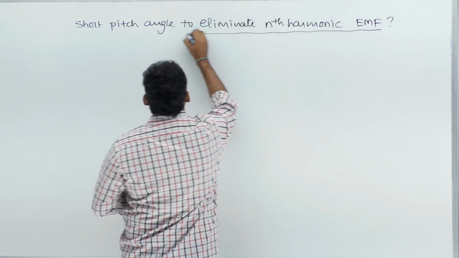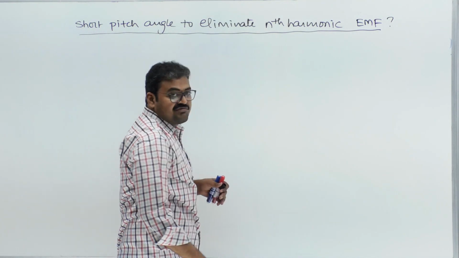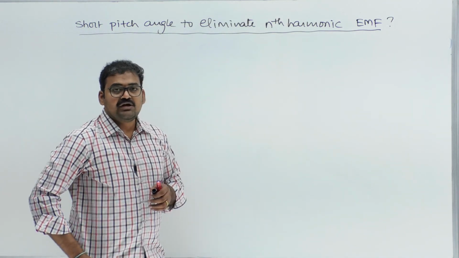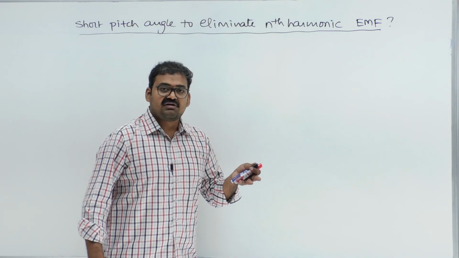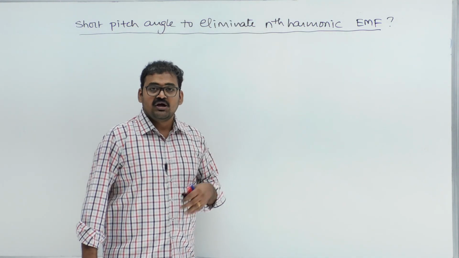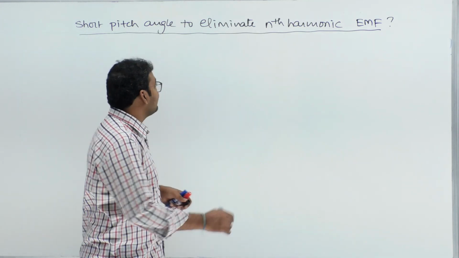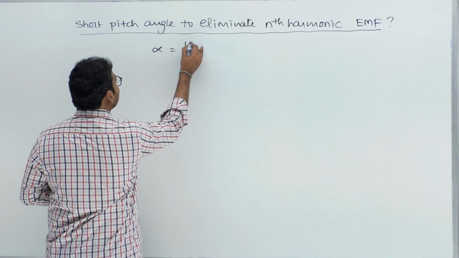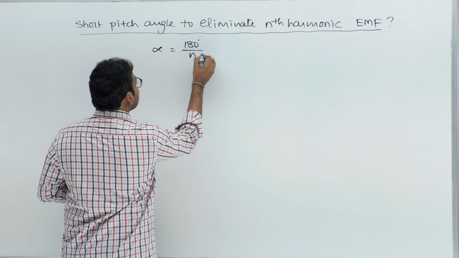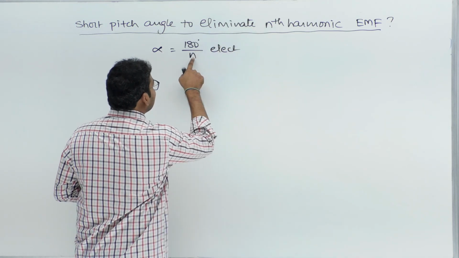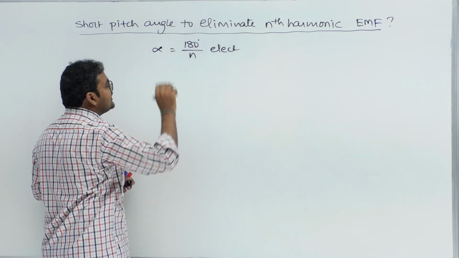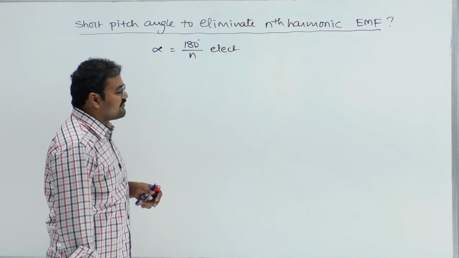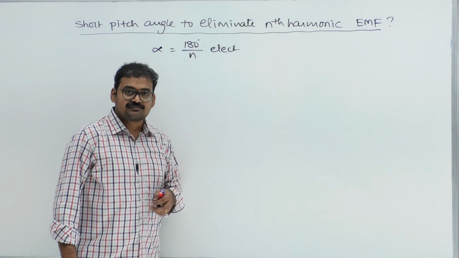To eliminate fifth harmonic EMF, what is the short pitch angle required? 180 degrees by 5. To eliminate seventh harmonic EMF, 180 degrees by 7. To eliminate nth harmonic EMF, what is the short pitch angle required? 180 degrees by n. For fifth harmonic 180 by 5, seventh harmonic 180 by 7. For nth harmonic, the short pitch angle required is 180 degrees by n.